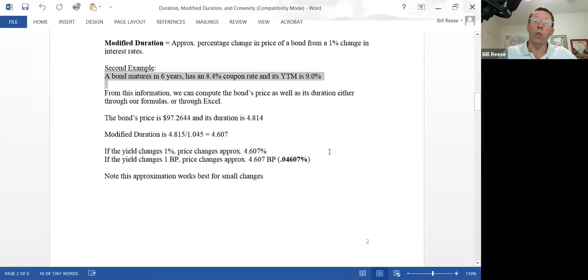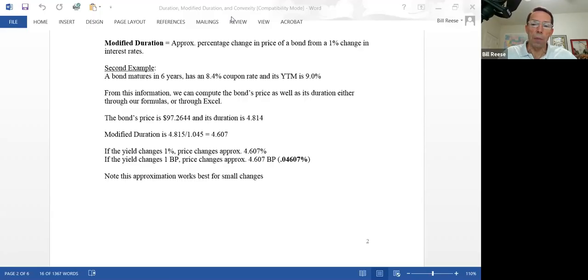We're going to see a bond that matures in 6 years, has an 8.4% coupon rate, and its yield to maturity is 9%. So let's now go into Excel, our same spreadsheet we were in before, and use it to calculate the duration and the modified duration of this bond.